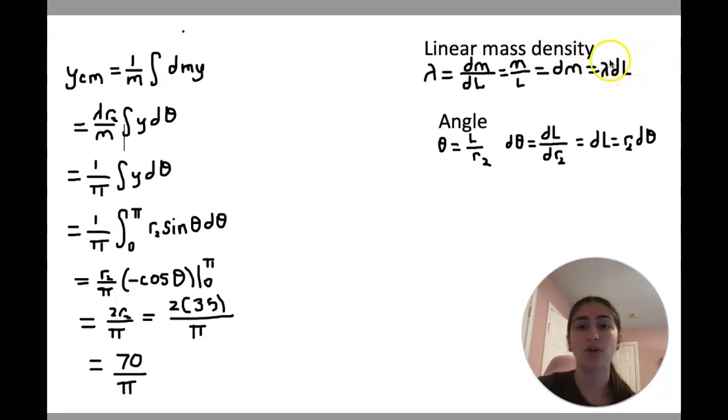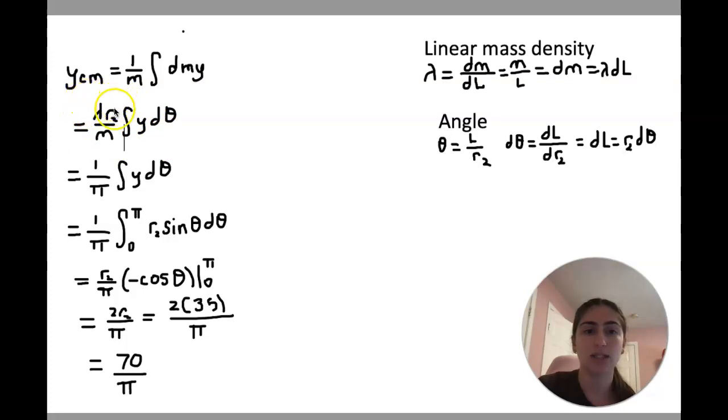But we also have what dl equals, as we found from the angle: dl equals r2 times d theta. Combining both of these equations, dm equals lambda times r2 d theta. That lambda r2 can be pulled out to have lambda r2 over m times the integral of y d theta.